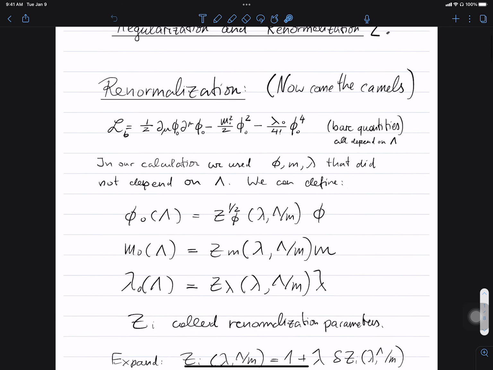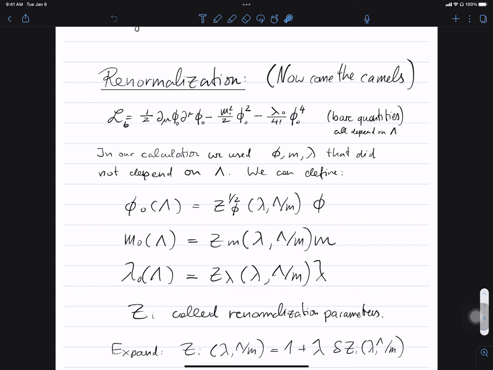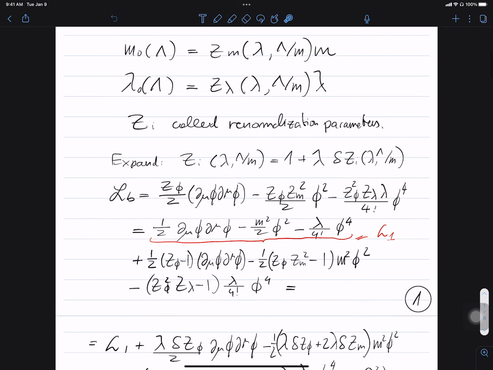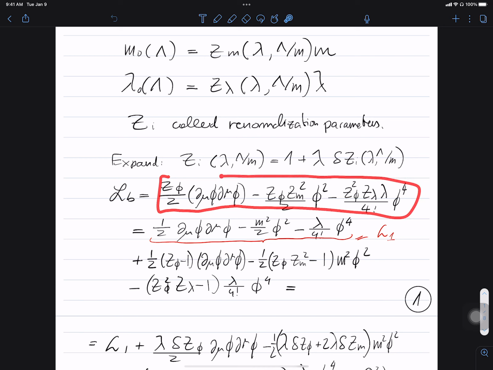And what we can do now is to try to make a connection to the Lagrangian that wasn't dependent on the regulator explicitly. And how do we do that? By rewriting the Lagrangian, the bare Lagrangian with bare quantities that we have here.